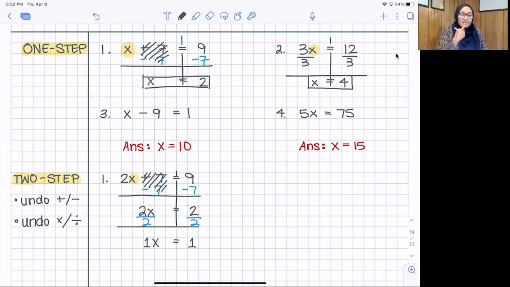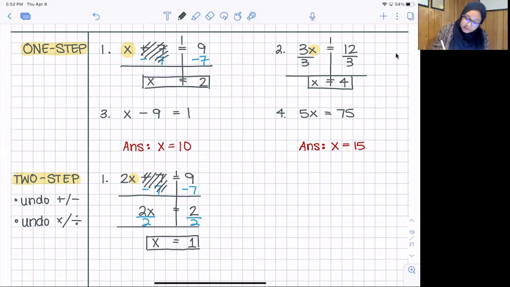Now my x doesn't look like it's isolated, but remember, it's an invisible 1 on this side. So really, x equals 1 is my answer.